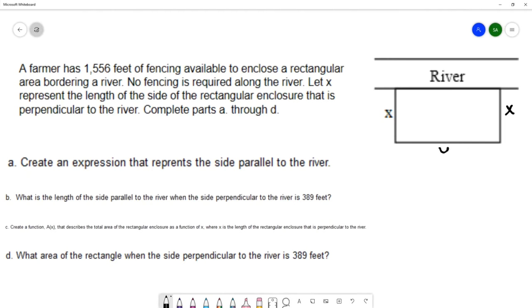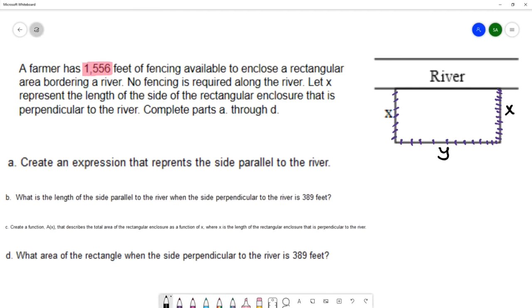I'll let this be Y. And if we go back to our problem, the farmer has 1,556 feet of fencing, and we know that he or she is using the fencing along these three sides. Now, the more fencing that you use, the larger area you can create. So we're going to use all of the fencing to create this rectangular enclosure.